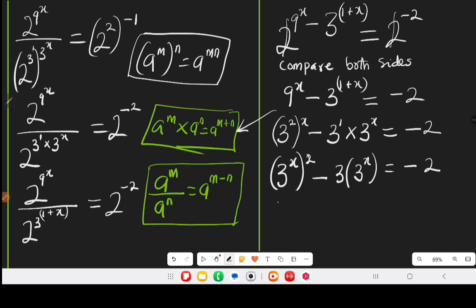Now we say let 3 raised to the power of x equal to n. Whenever we see 3 raised to the power of x, we put n. This will be n squared minus 3n equal to minus 2.